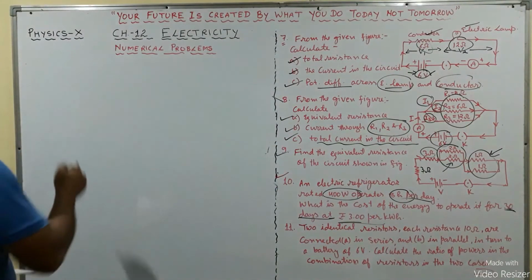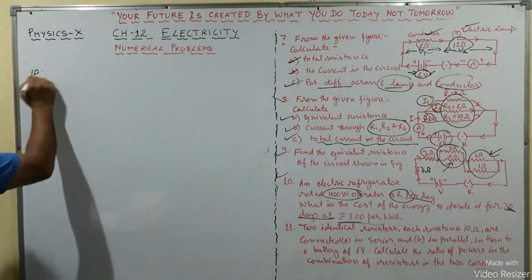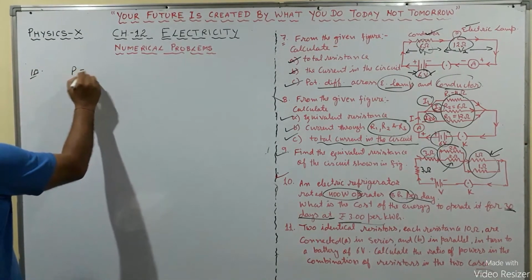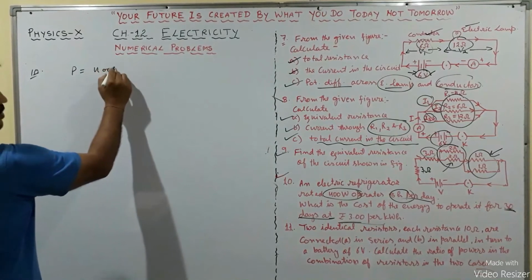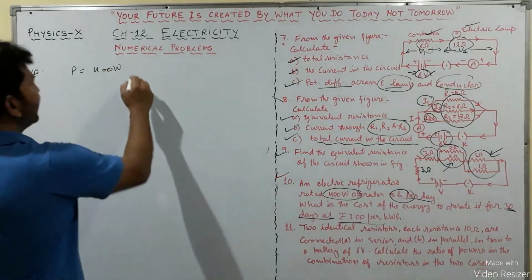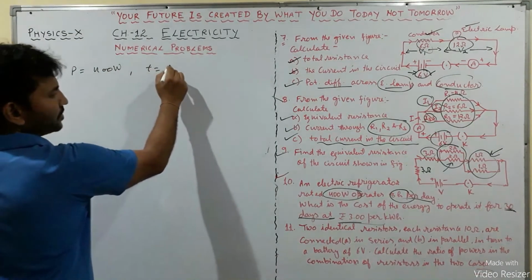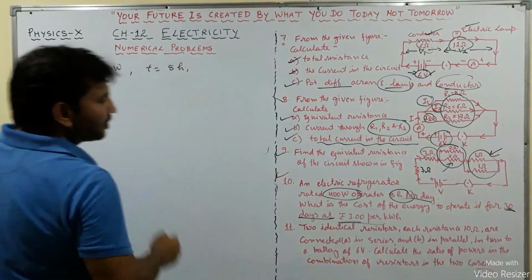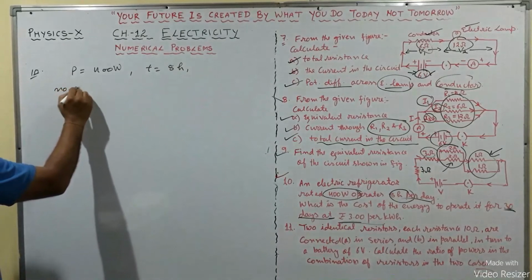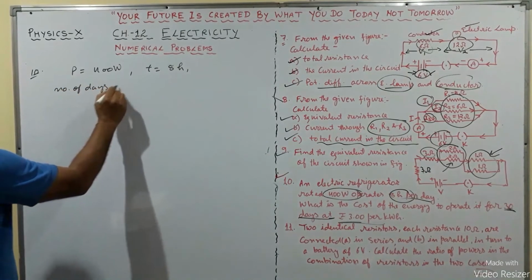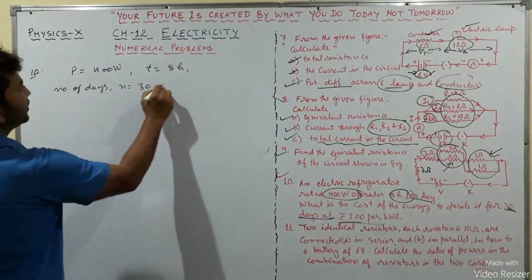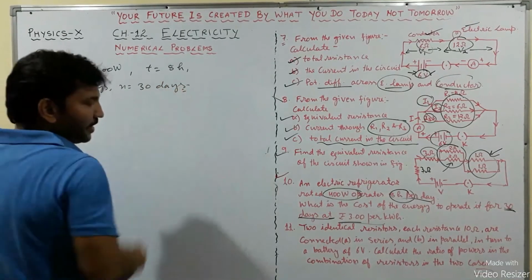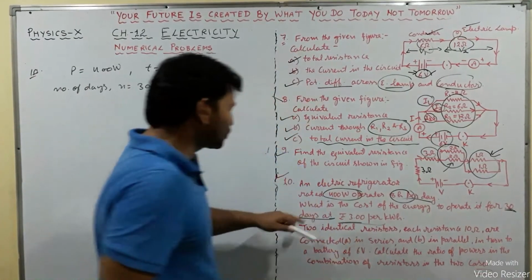That means what is given? Power is 400 watt, time is 8 hours, and the number of days N is 30 days, and we need to calculate the cost.